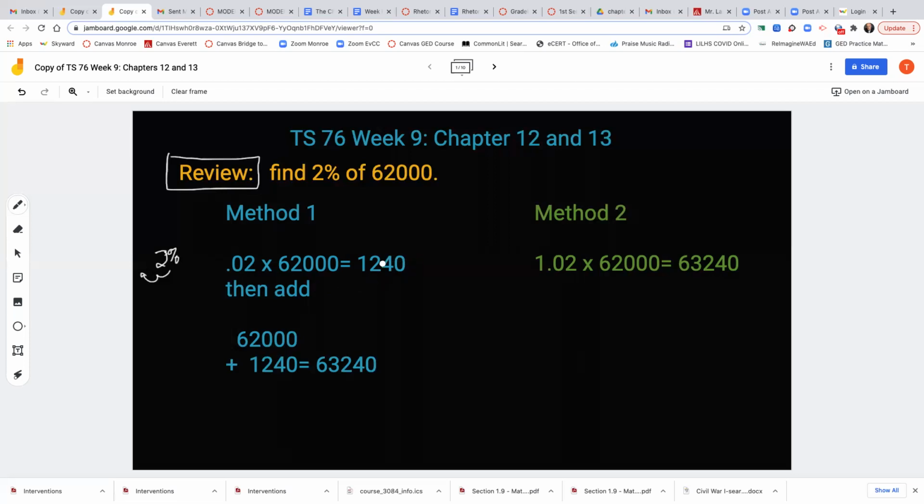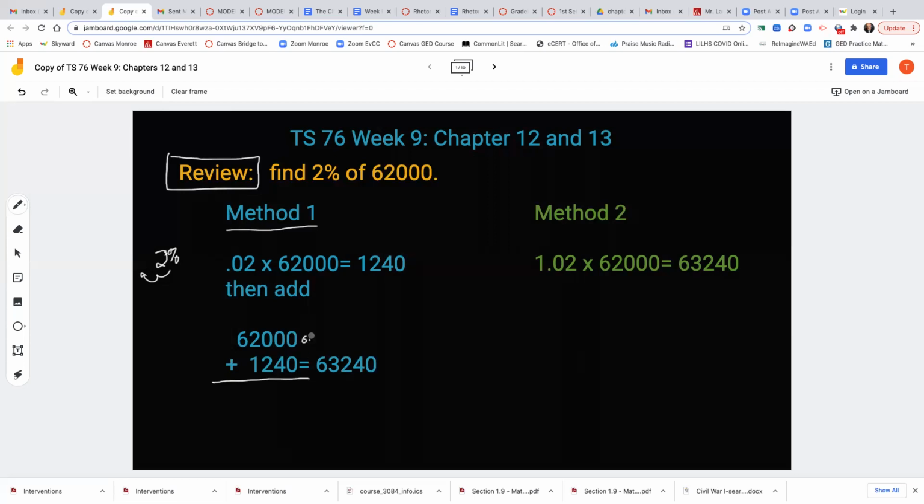That's 2%. But if they wanted to know what the total amount I have to pay back now is, the first method is to multiply the percent times the total they gave you, get a number, and add it back to the total that they originally gave me.